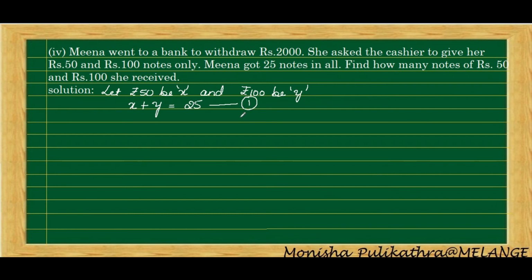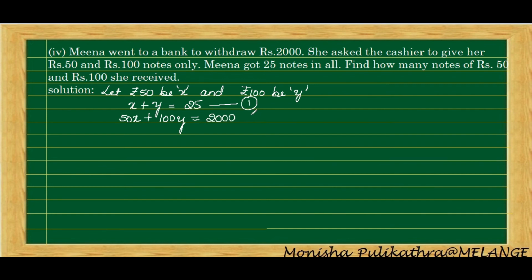Next, Meena got a total of 2000 rupees, and all the 2000 rupees are altogether 50 rupee and 100 rupee notes only. So 50 rupee notes are there, but how many we don't know. Next, 100 rupee notes are there, again we don't know how many. So altogether, if we do the sum, we will get 2000 rupees.